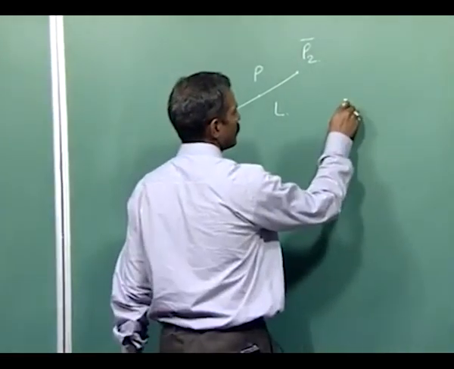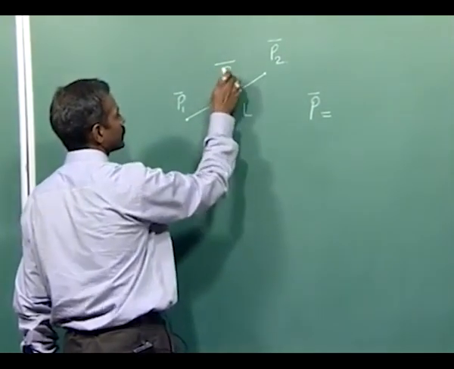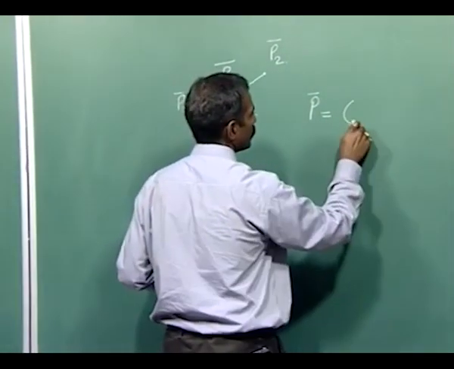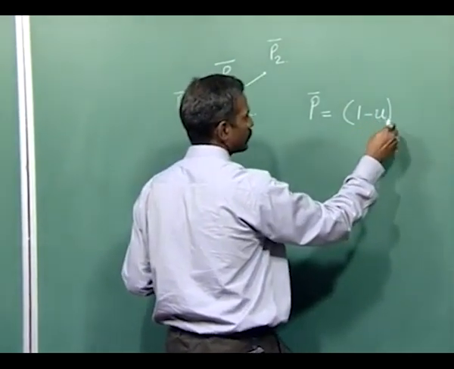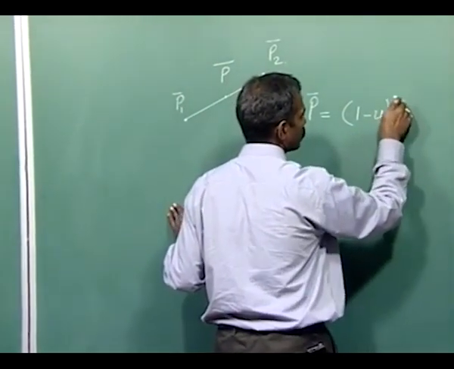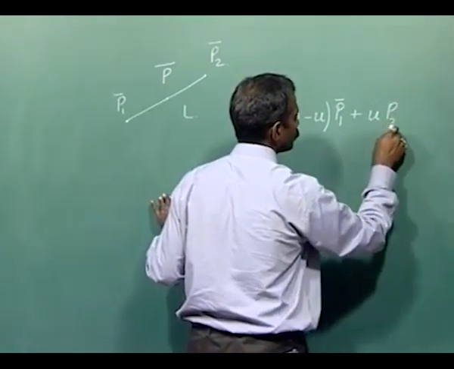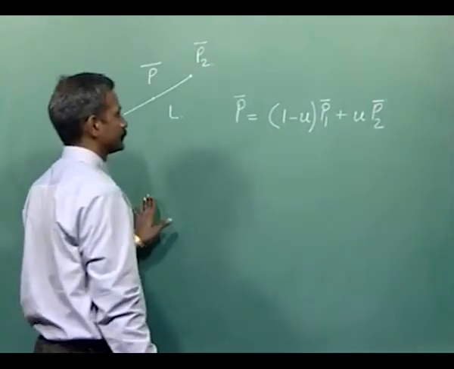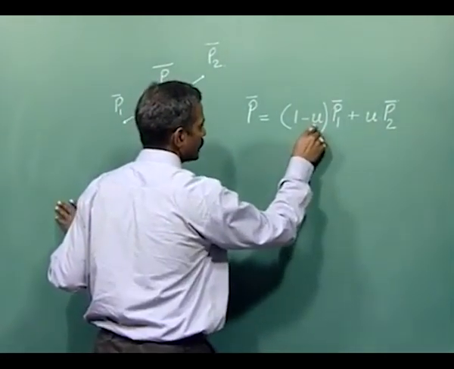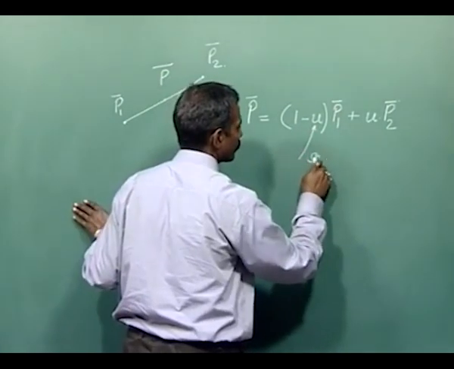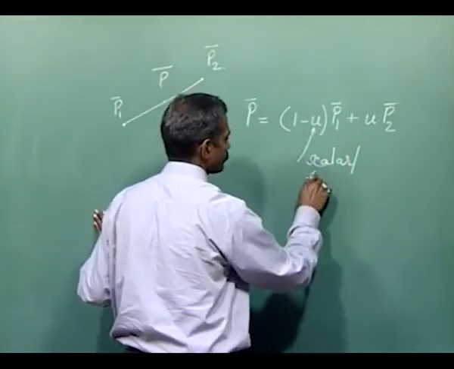That is, P equals one minus u, this is a scalar here, times P1 vector, plus u times P2 vector. U, as I mentioned before, is a scalar or a parameter.